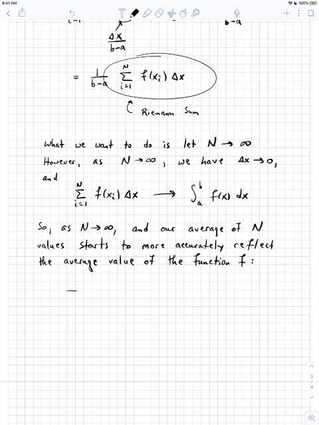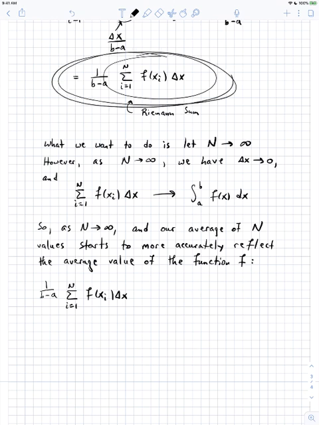But what is that average value becoming? Well, the average value of the n numbers is 1 over b minus a. It's right here. 1 over b minus a times this Riemann sum. And that goes to 1 over b minus a.